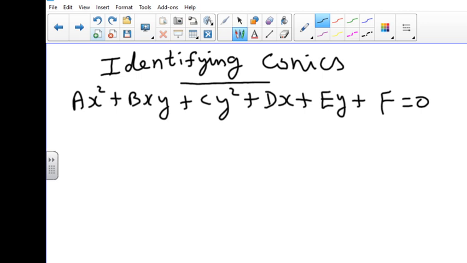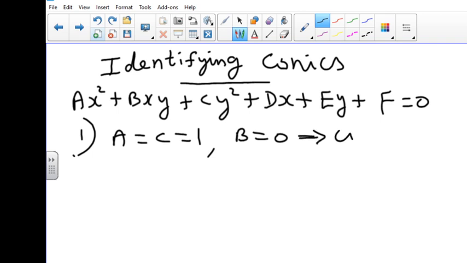In your book, page numbers 198 and 199, different forms are given. What's the first one? When a is equal to c is equal to 1 and b is equal to 0. Keep this in mind always. When a equal to c is equal to 1 and b is equal to 0, the conic becomes a circle.